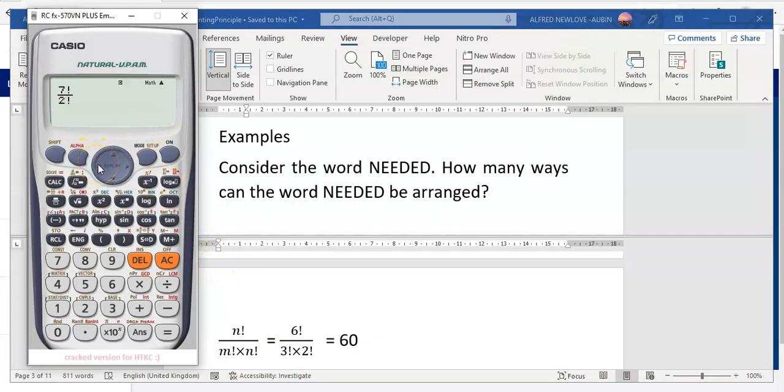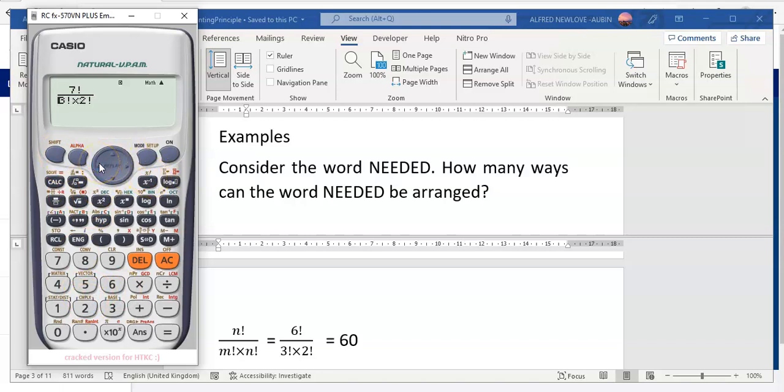So when we press this on the calculator, if you already have the fraction sign on the calculator, you don't have to delete and start all over in exams. Just type your 3 here times 2 factorial.